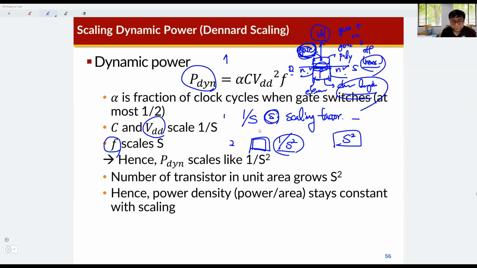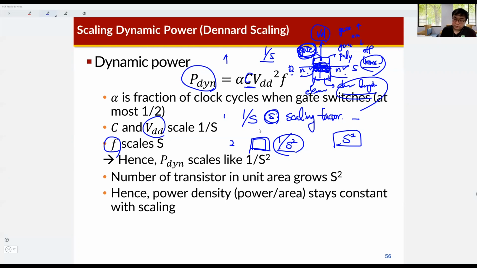Also, I said that this C is proportional to the area of the CMOS circuit. So if we reduce the channel length by 1 over S, then C also decreases, because C is also proportional to the area of this channel.